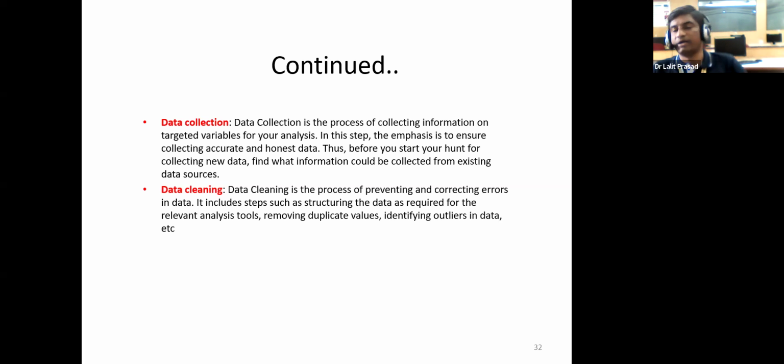Outliers in the data means what? Suppose there are 50 students in a class. 45 students have got marks between 40 to 45. And 5 students have got 100 out of 100. If you find the average of all these, we are getting 60 marks.